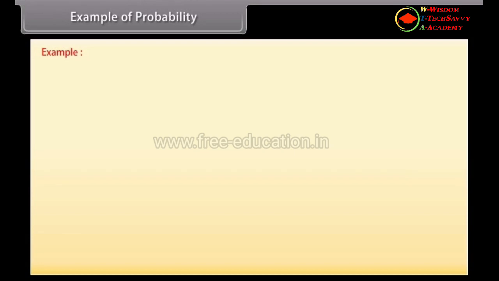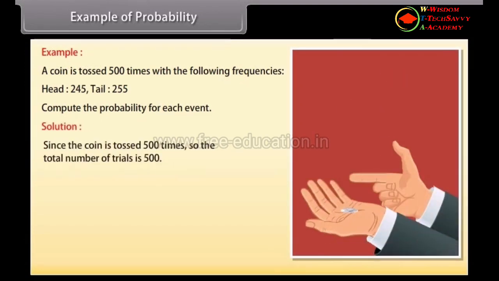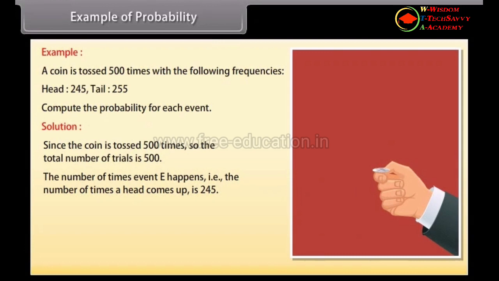Example of probability. Example. A coin is tossed 500 times with the following frequencies: head 245, tail 255. Compute the probability for each event. Solution. Since the coin is tossed 500 times, the total number of trials is 500. The number of times event E happens, that is, the number of times a head comes up, is 245.